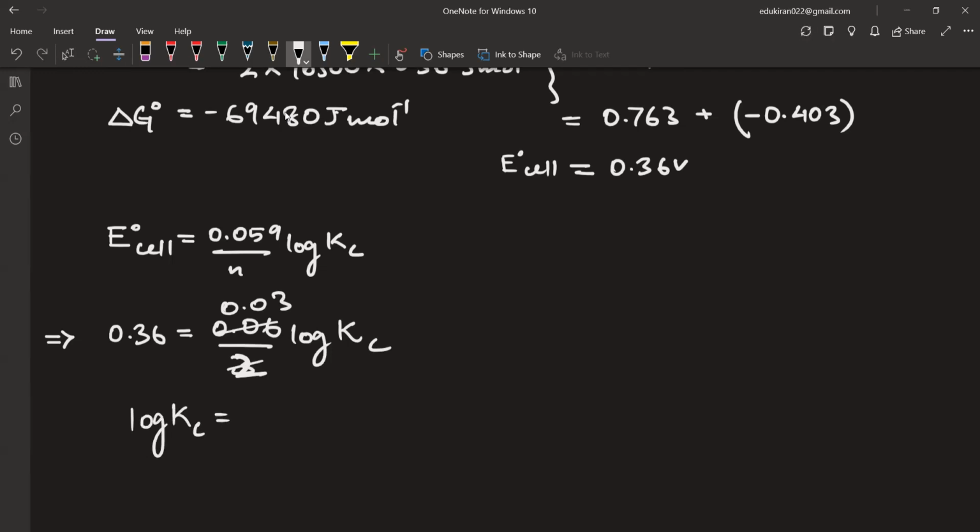Log Kc will be equal to 0.36 divide by 0.03. This will be equal to what? I will multiply 100. So this will be what? 36 and this will be what? 3. है ना? कितना जाएगा? 36 divided by 3 is equal to how much? 36 divided by 3 is equal to 12.